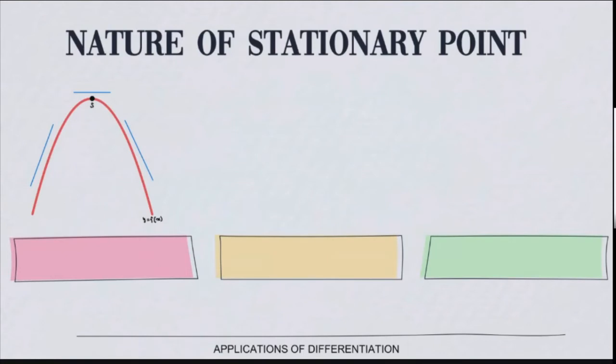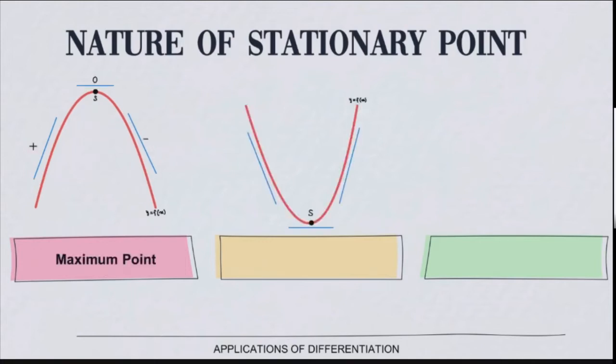Now I will proceed with the nature of stationary points. There are three natures of stationary point. The first: if the sign of dy/dx changes from positive to negative, then point S is a maximum point. The second: if the sign of dy/dx changes from negative to positive, the point is a minimum point.